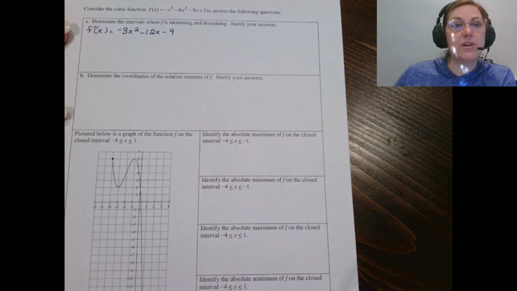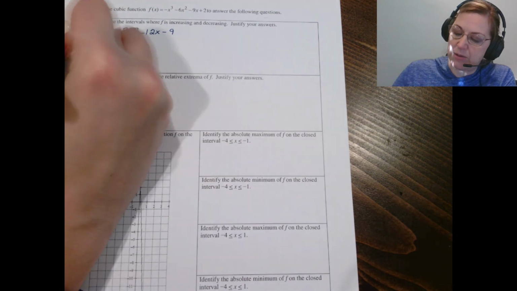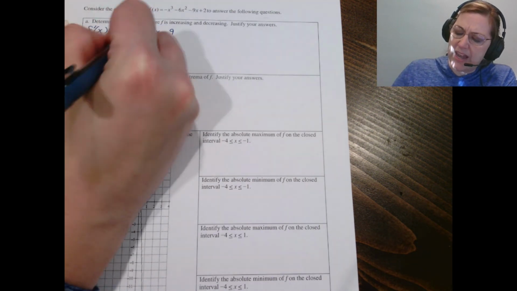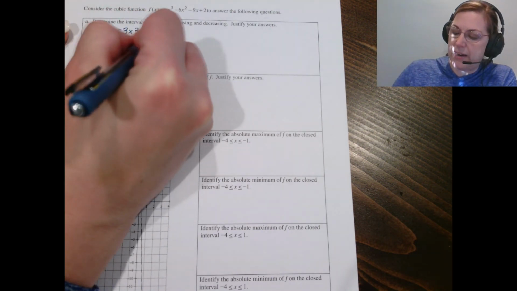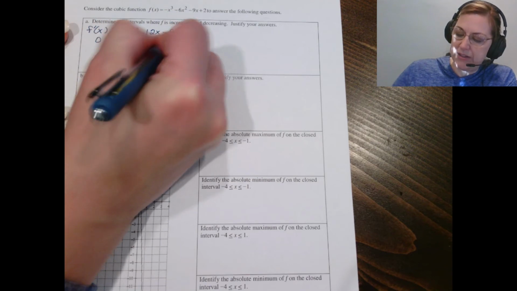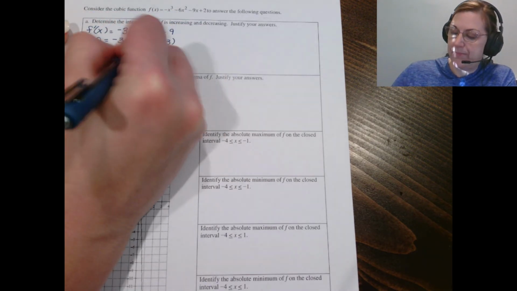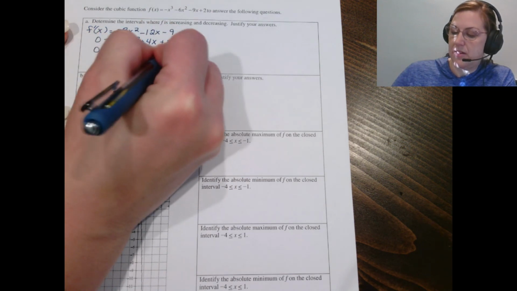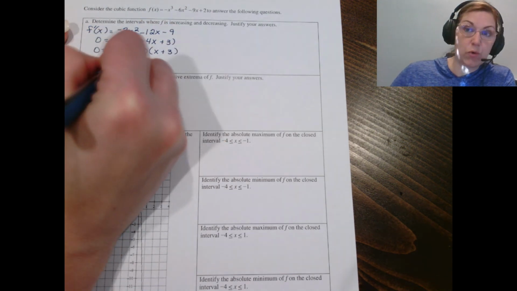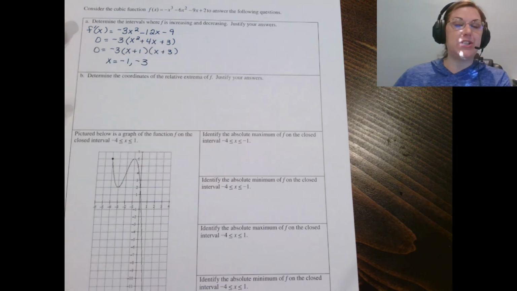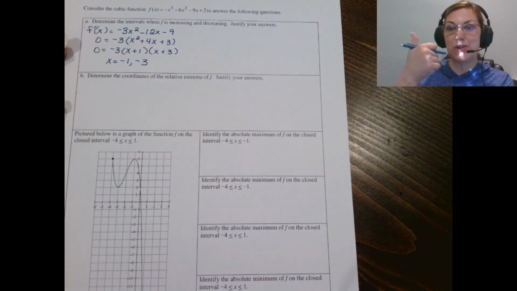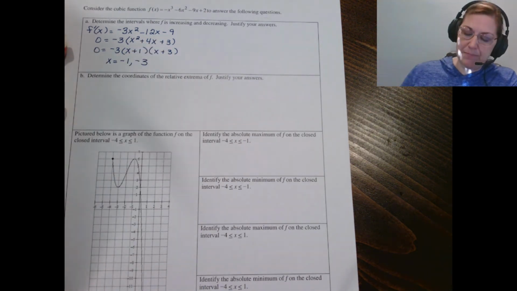Now to find out where it's increasing or decreasing, we set that equal to 0. I'm going to go ahead and factor out a negative 3, make it a little easier for us to factor. And so I get my critical points. Remember that terminology. Critical points are where the derivative either equals 0 or is undefined.